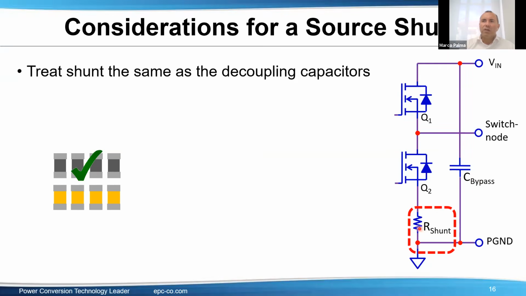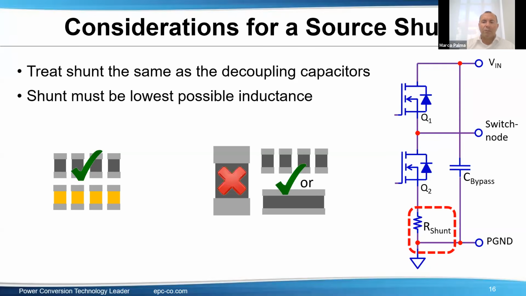And so we need to treat this shunt similar to the bypass capacitor here. There are several ways to do it. Our preferred approach is to use multiple resistors in parallel, okay? So that you can get a low inductance shunt, as we have learned that short wide layouts give the lowest inductance.